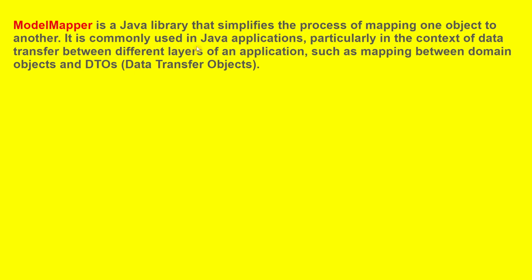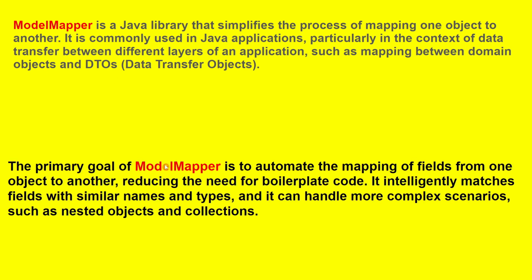It is commonly used in Java applications, particularly for data transfer between different layers of an application, such as mapping between domain objects and DTOs, data transfer objects. As you know, we are trying to transfer data from one microservice to another, so we're going to be using model mapper.